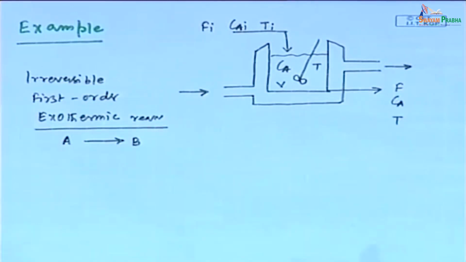A is the reactant and B is the desired product, fine.